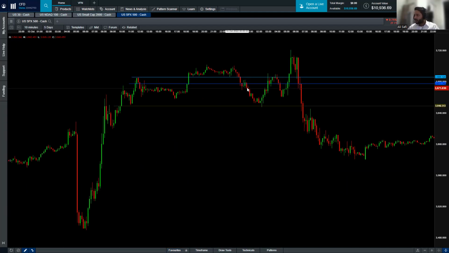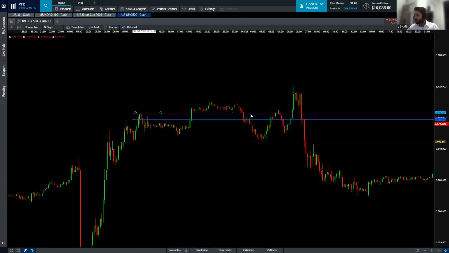So where is the stop loss? I told you the stop loss would be above this head. If you put your stop loss here, your stop would be out, and then this one is coming down.